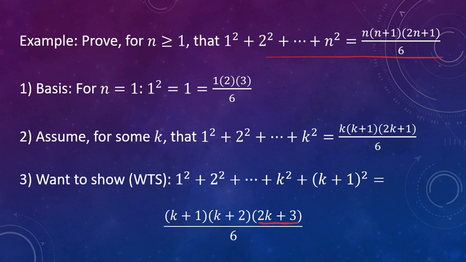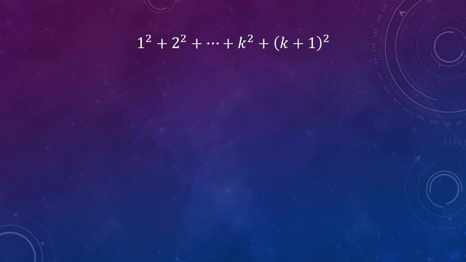Now, once again, I'm going to start with my left-hand side, and I'm going to show that we can turn this into the right-hand side. So I'm going to start with that thing there, and I'm going to get it down to that guy there. Once you write that left-hand side, this is where your hypothesis comes into play.